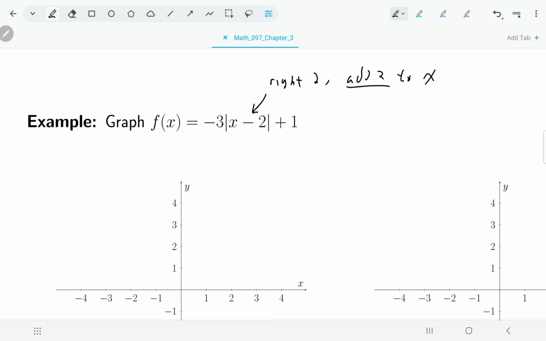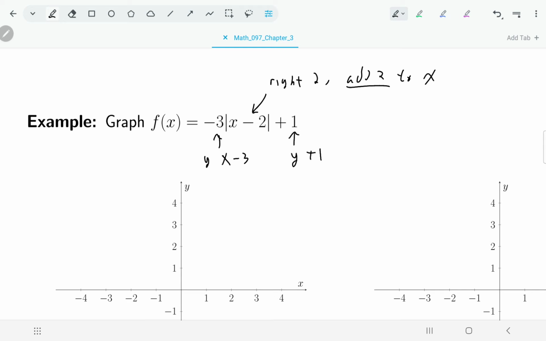And then for the vertical transformations, we have a vertical stretch and flip. I'm going to be doing that by taking our y values and multiplying them all by negative 3. And then we have a vertical shift upwards by 1. I'll be taking all of my y values and adding 1 to them.